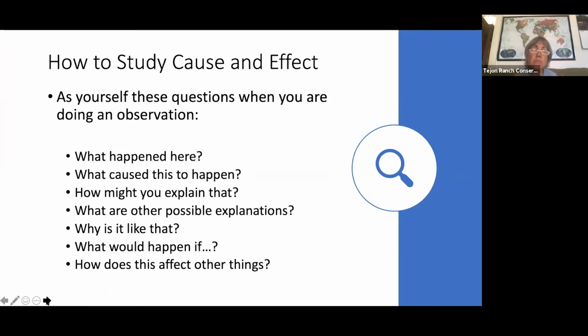How might you explain what happened? What are some of the possible explanations? Why is it like that? What would happen if? And how does this affect other things? That last question, how does it affect other things, is going to be one of your reflection questions at the end of this lesson. So keep that one in mind.